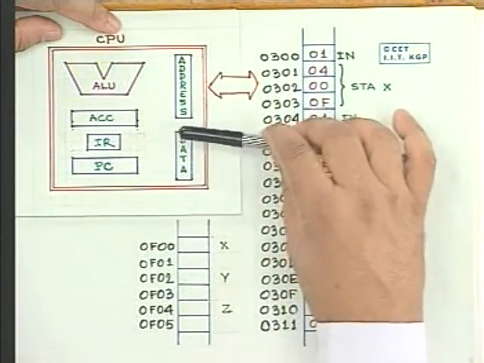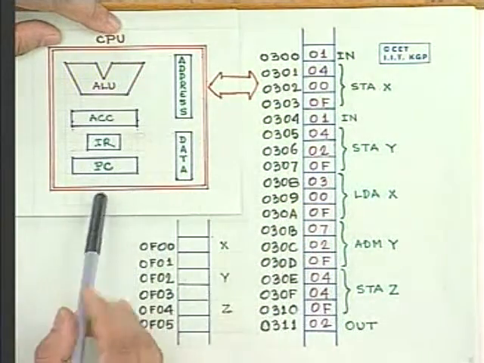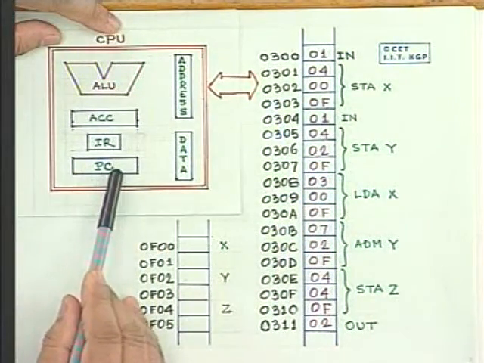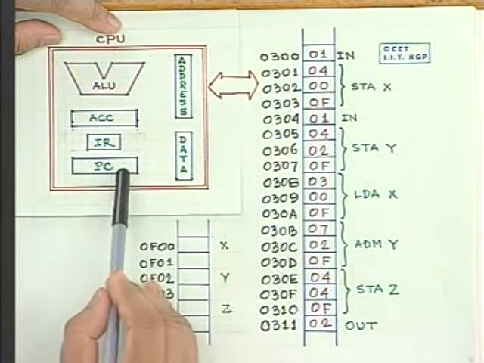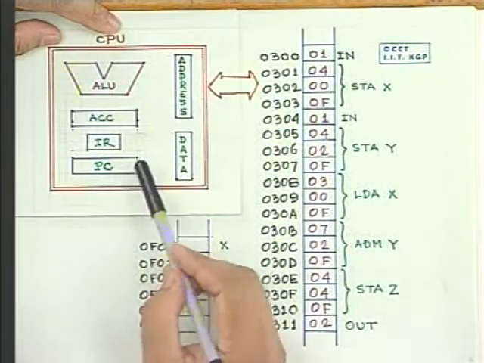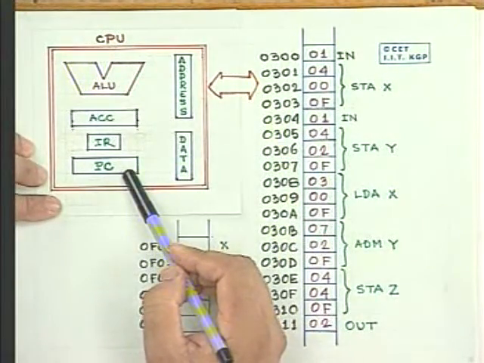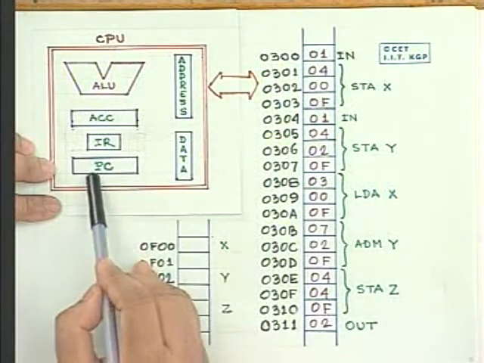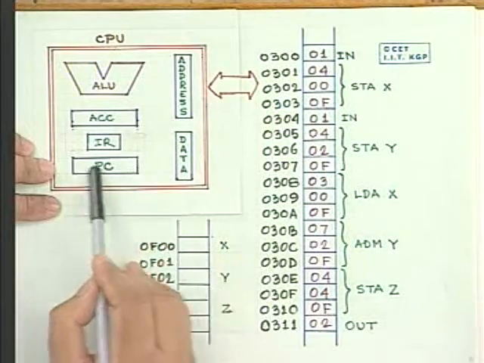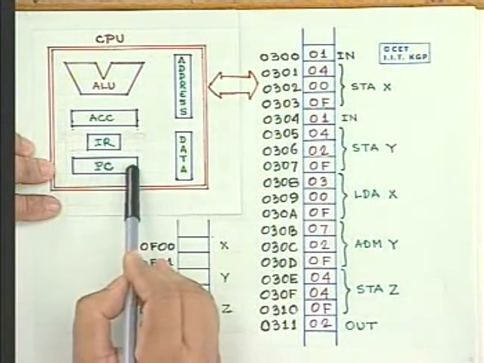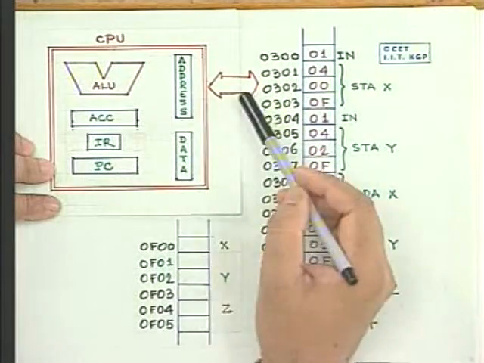To start with, somehow the program counter, which is a special register and a special counter, keeps track of which particular instruction is going to be executed next. To repeat once more, the program counter is a register which contains the address of the instruction that is going to be executed next.